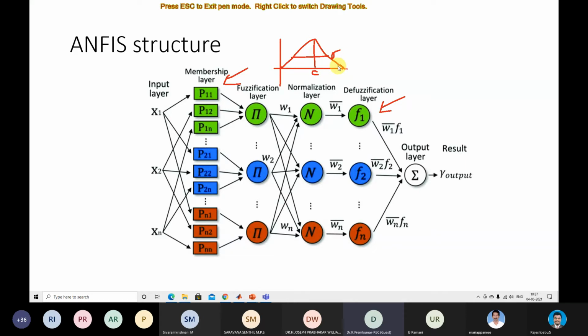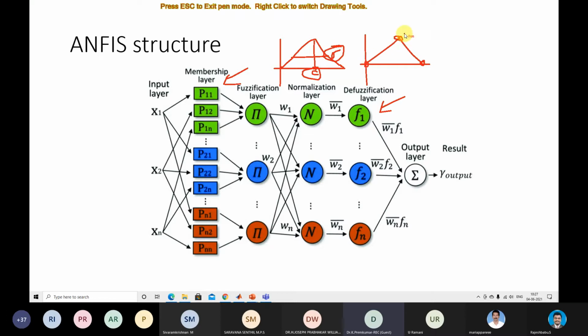Okay, and also if you consider a triangular membership function, then you will get three parameters: the left side point, the right side point, and the center point. So these points can be optimized according to the input and the target data, right? So these parameters, for a Gaussian membership function or a triangular membership function, are going to be optimized by means of a neural network algorithm.